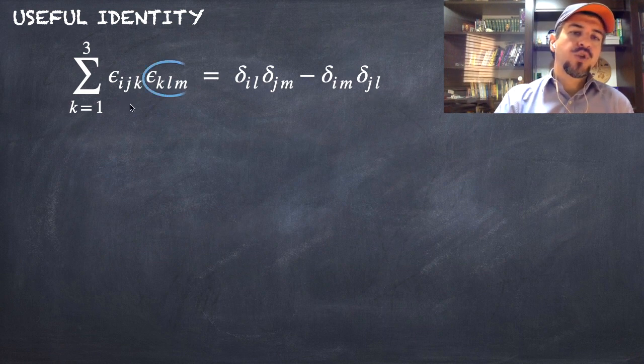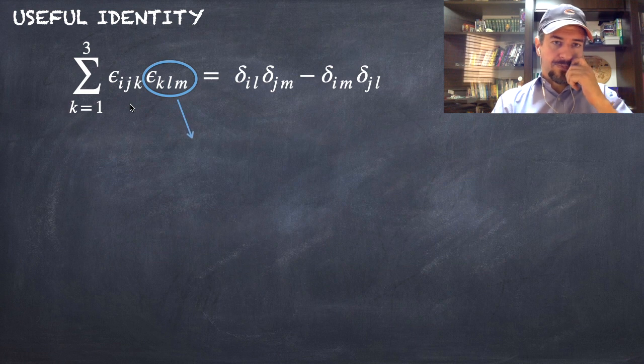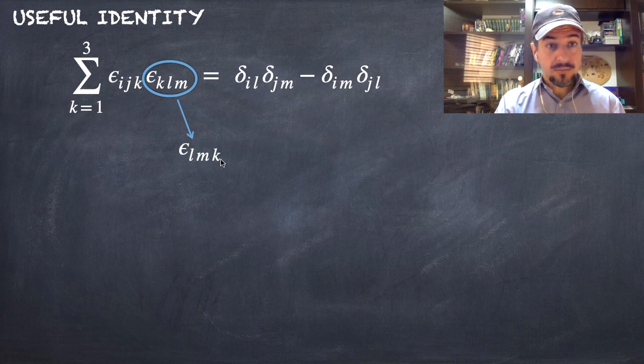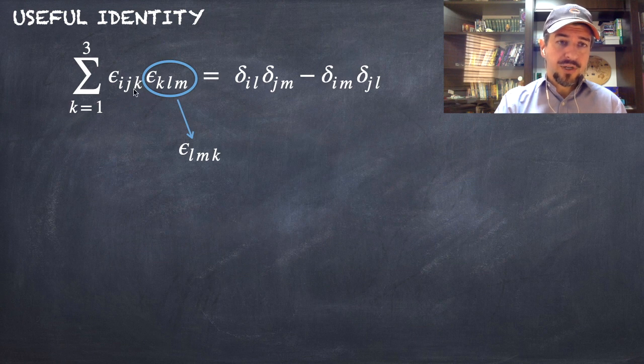To understand this a little bit more easily, let me express that this epsilon here, as we already discussed, is invariant under cyclic permutation, so it is the same as epsilon of LMK. Now, this epsilon and this epsilon being multiplied, the third index of them is the same, K.